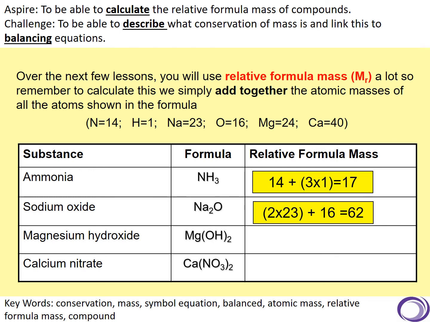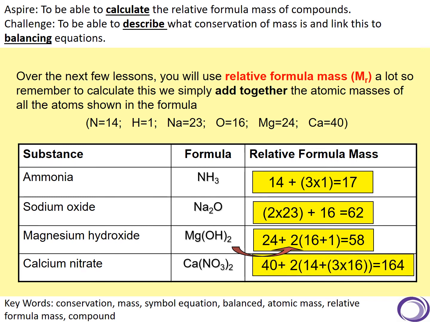With the magnesium one, we've got a magnesium atom, and then we've got the OH in brackets 2. That means there is an oxygen and a hydrogen atom, but we have that twice. So we need the 24 for the magnesium, and then the 2 lots of 16 plus 1, 16 for the oxygen, 1 for the hydrogen, added together, and in total that comes to 58.